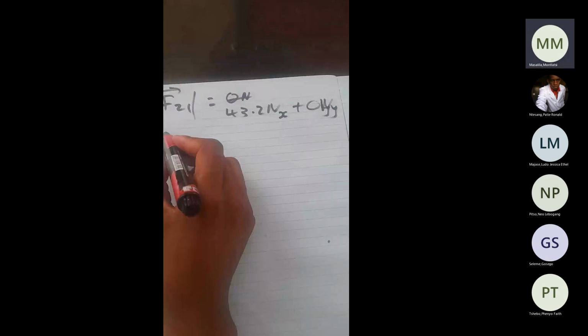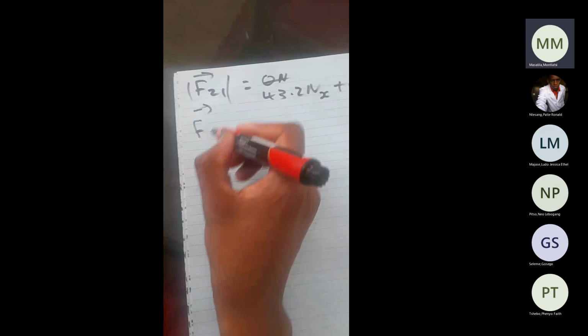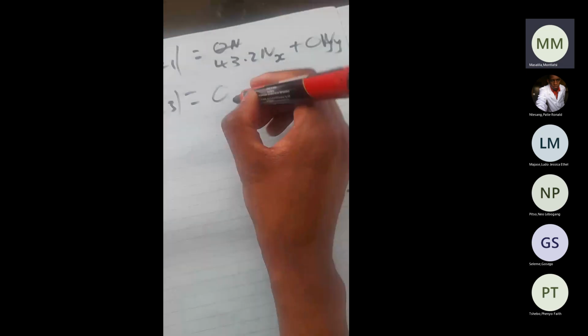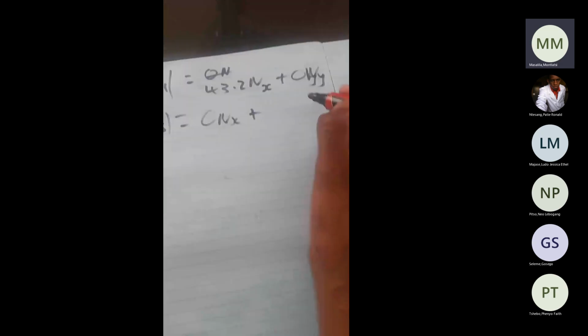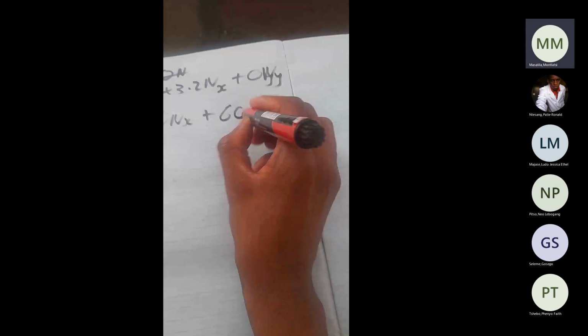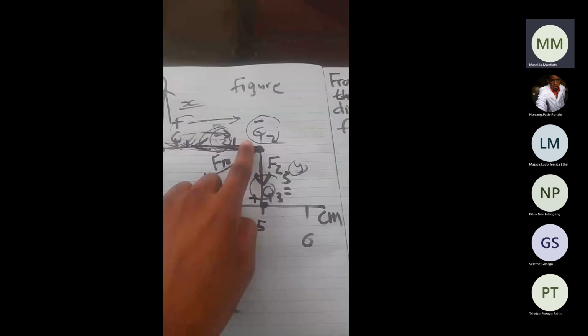And also we have force 23, which has 0 newtons X plus 60 newtons Y. For some of these numbers, you can just put a negative showing that it goes in this direction.